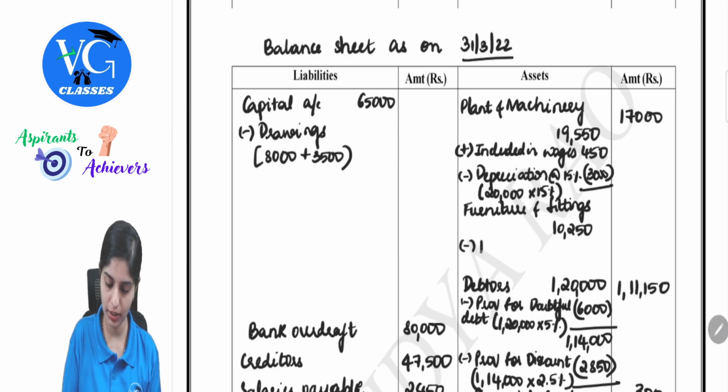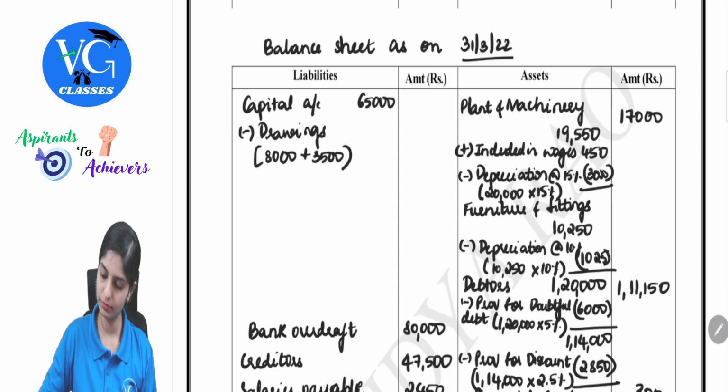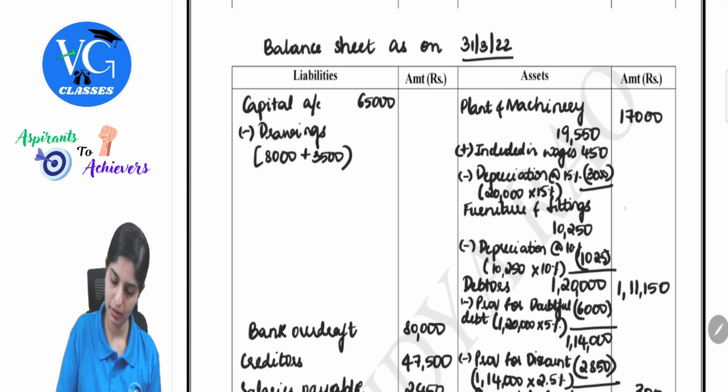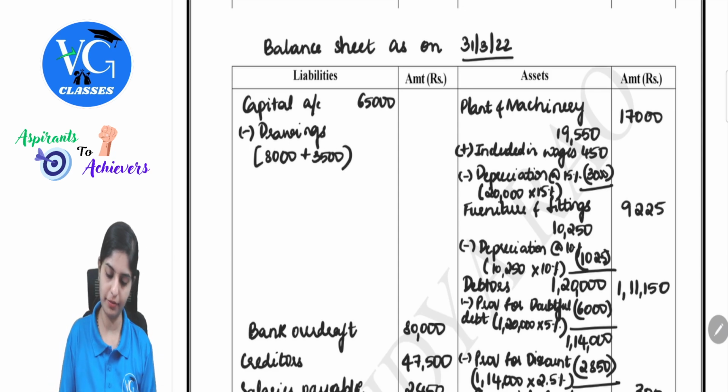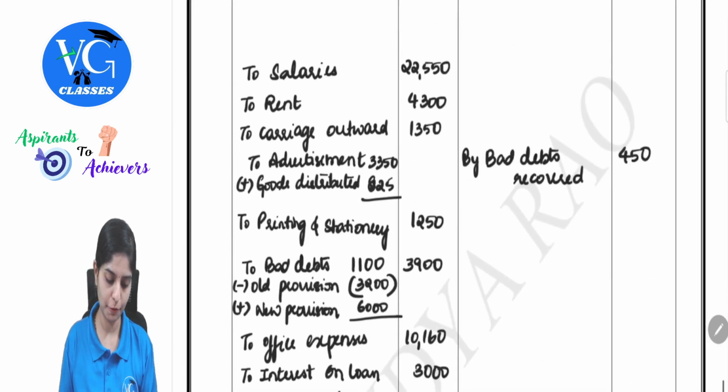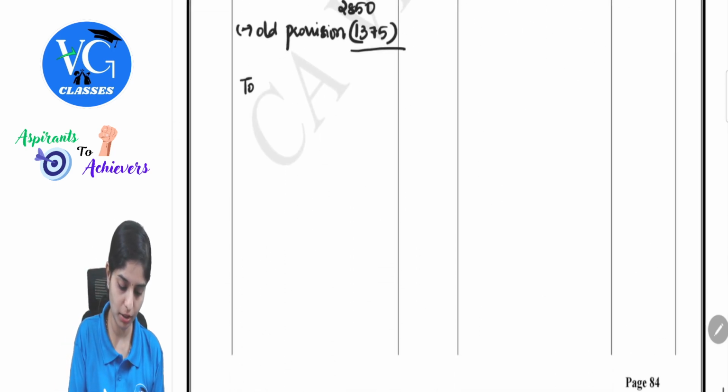On furniture, 10,250 into 10%, that is 1025. So this has to be recorded in the profit and loss account.